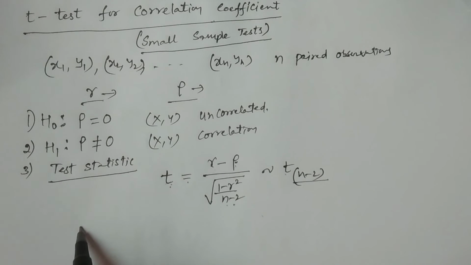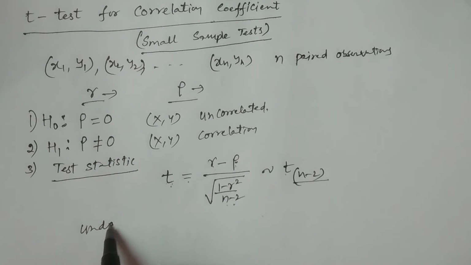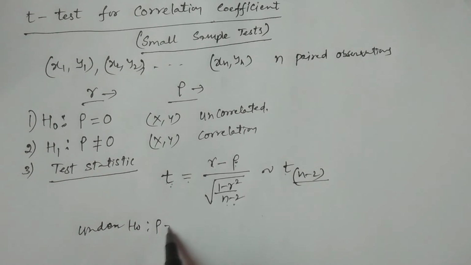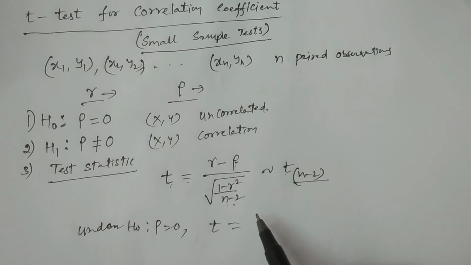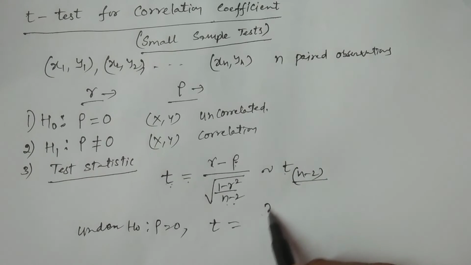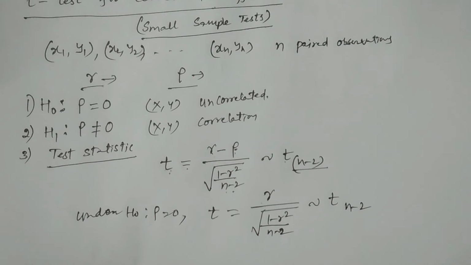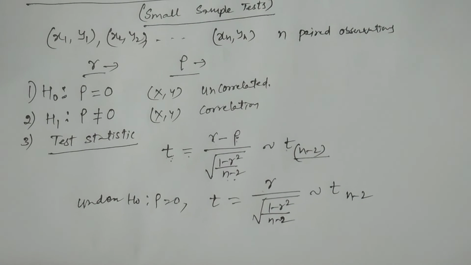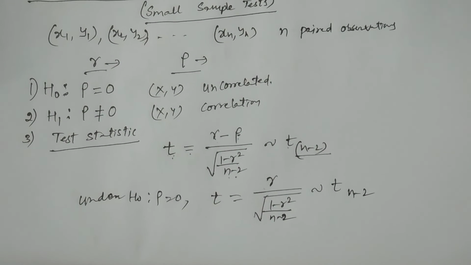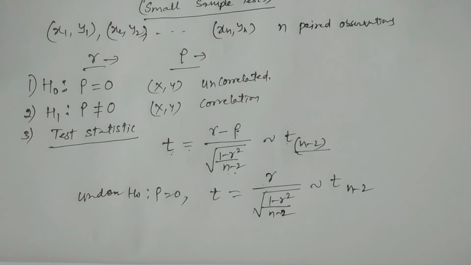Now the test statistic under H naught, that is rho is equal to 0, becomes t equal to r divided by the square root of (1 minus r square) divided by (n minus 2), which follows a t distribution with n minus 2 degrees of freedom. This is the test statistic under H naught.